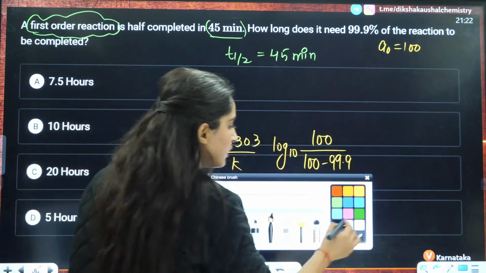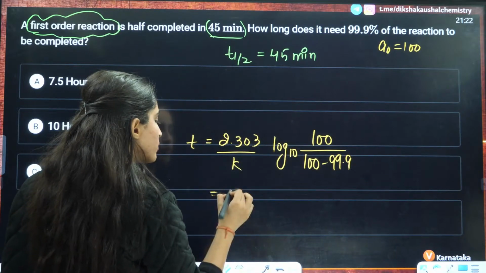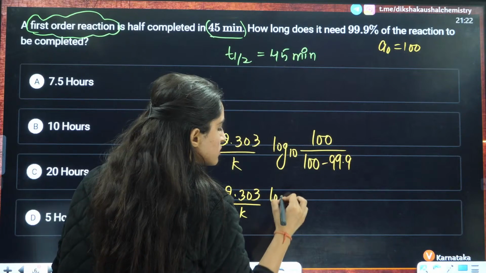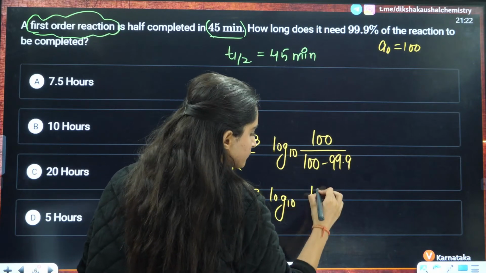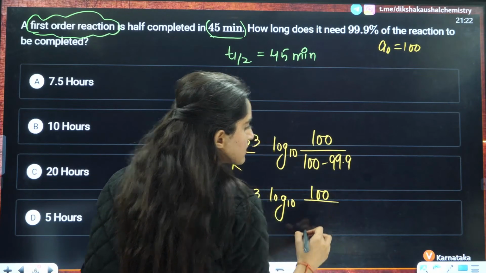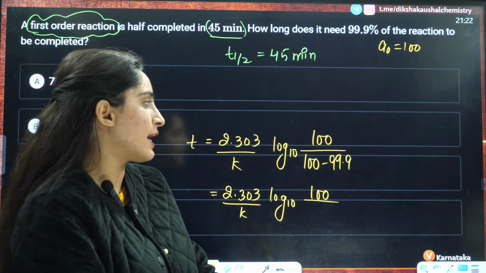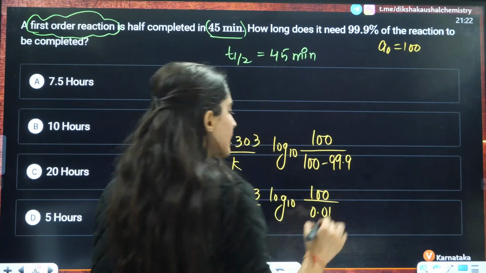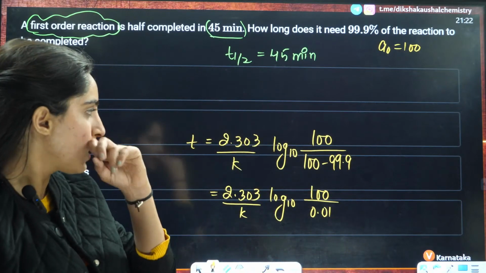So what we need is 2.303 divided by K, log base 10 of 100 by, when you subtract 100 minus 99.9, that will be 0.01, okay?